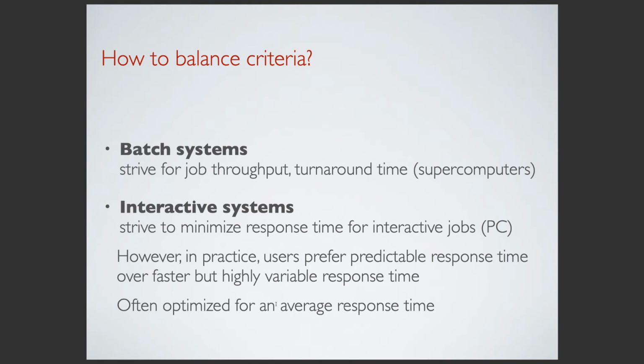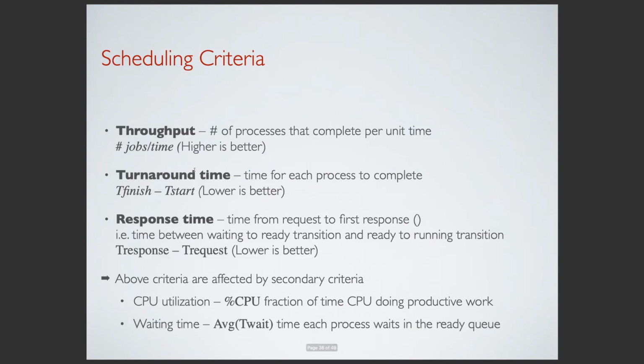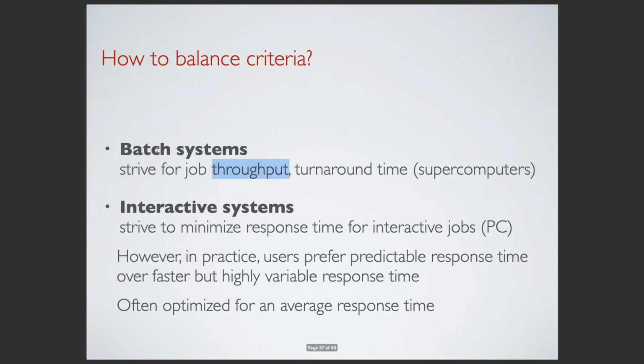For this kind of task, what you want is a good throughput. Again, what's the throughput? Here, it's the number of jobs per hour. Why? Because if you have a supercomputer, you're going to try to find a scheduling algorithm that maximizes the tasks done per hour, because that means that you are efficient with your hardware equipment.